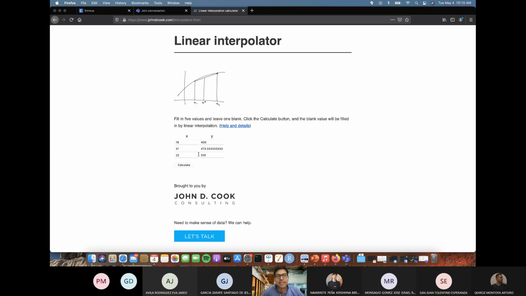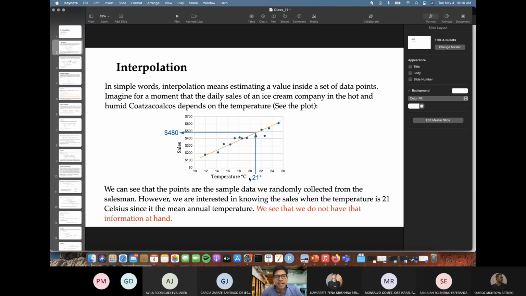We calculate and we see that it's 473, or I just make the calculation visually by a linear regression, and I said that it was about 480 pesos. So this is a linear interpolation.